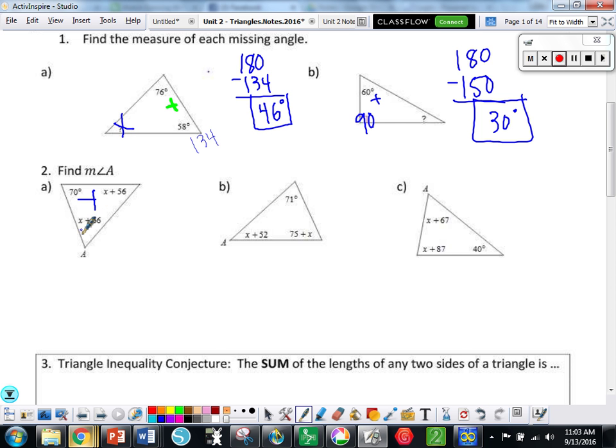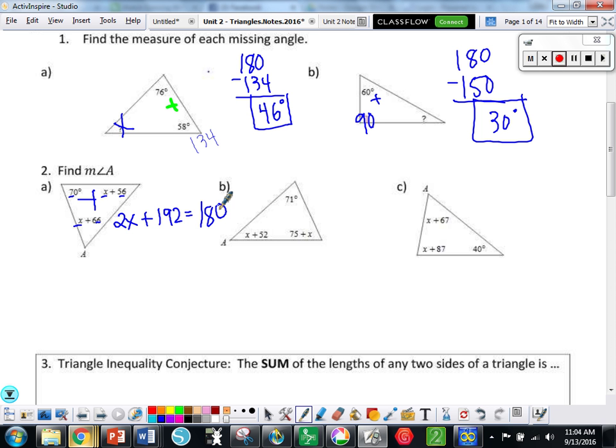Now when I add them, I have this x and this x together, which will make 2 x's plus a number. Plus 192. And we'll set it equal to 180 because when you add up all the angles in a triangle, it equals 180.